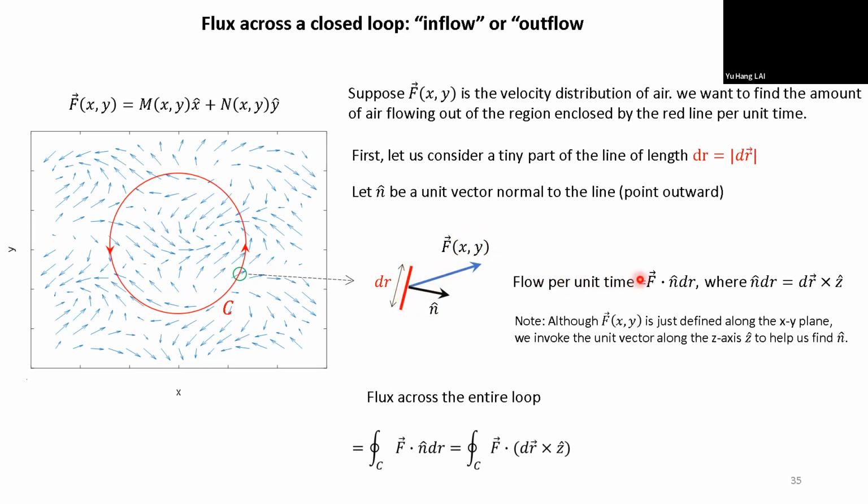So this is the flow per unit time: F dot n hat dr. At the end, after we take care of this part, we need to integrate over every small segment of the entire curve. But let's just look at this one first. So how do we find the n dr? n is a vector that, as I require, is perpendicular to my curve.